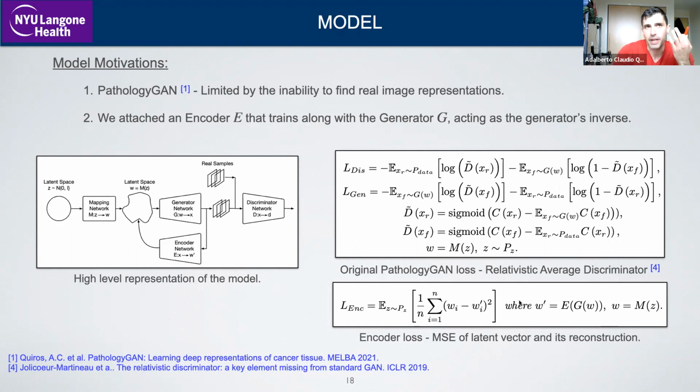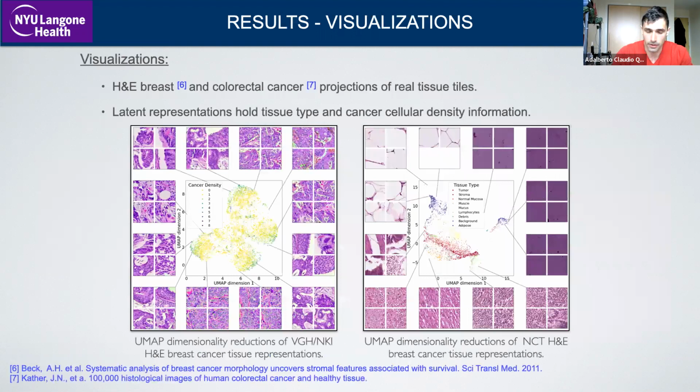And now the question would be how useful these latent vectors are. Can we use them for different tasks? So the first thing we did was just to check real images in that latent space to see if there's still that structure according to the properties of the tissue. And similarly to the image that I showed before, we have the same one, but for real images, the projections on the latent space.